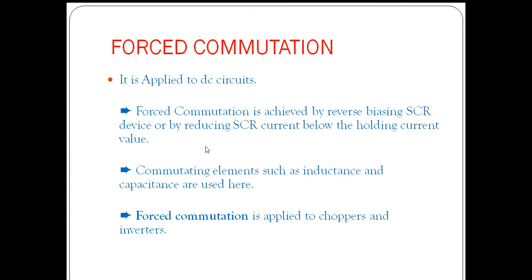The next technique is forced commutation. Whenever the supply is AC, we need not adopt any commutation technique. But whenever we are operating with DC circuits, there will be a problem. In that case, we need to place a commutation circuit along with the SCR.